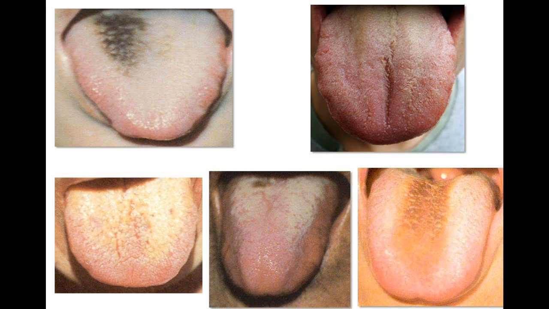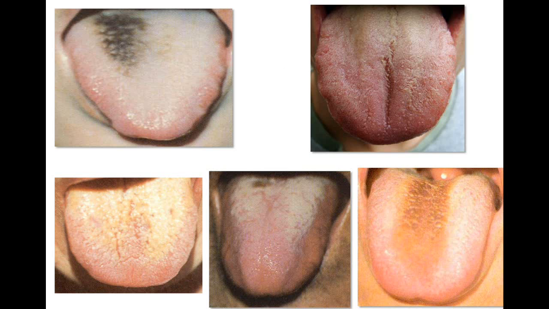It would be highly unusual to have damp heat in the lower burner and not in the stomach, and it's illustrated very clearly by practically all these tongues. I repeat, that's because of the connection between stomach and large intestine in the Yang Ming.